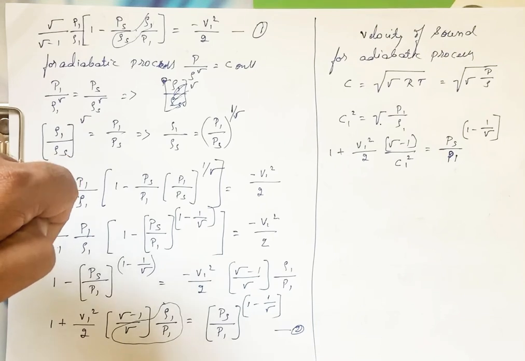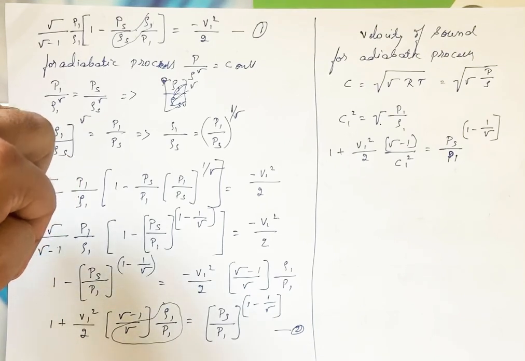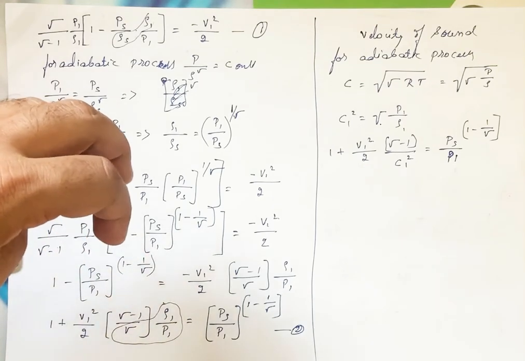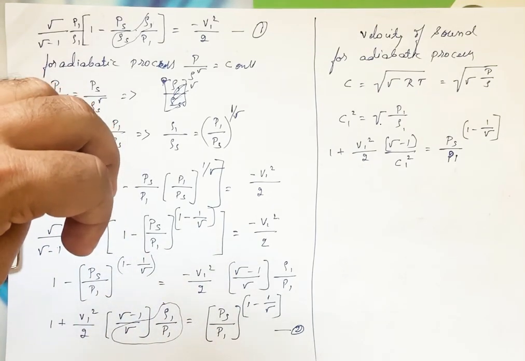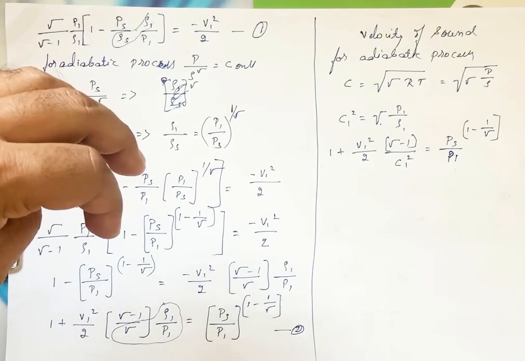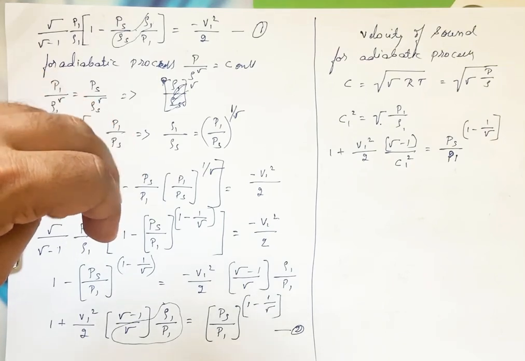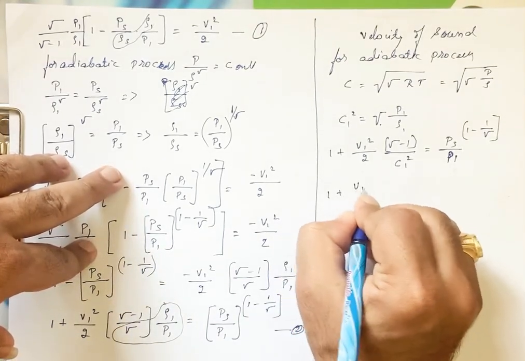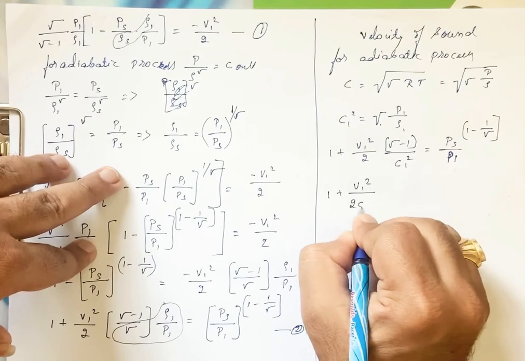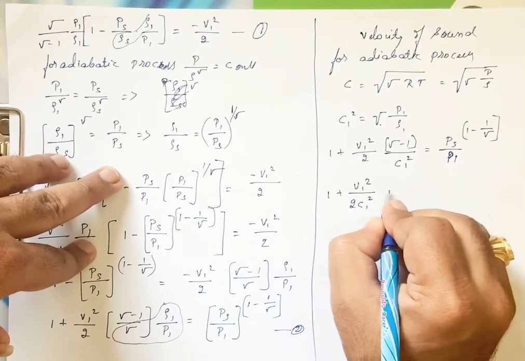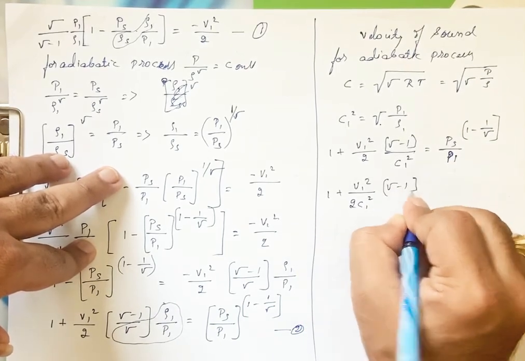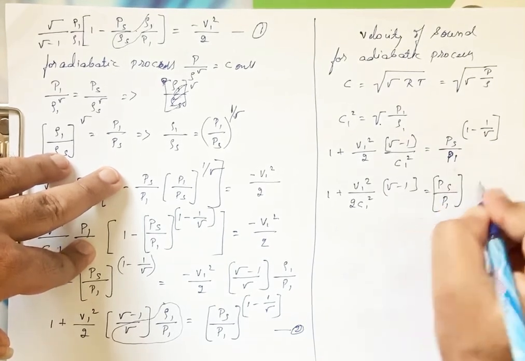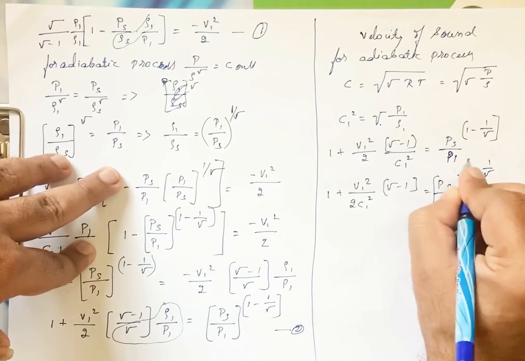After this, I'll write it in terms of Mach number. Or else I can write this as 1 plus V1 square by 2 C1 square into gamma minus 1 is equal to Ps divided by P1 raised to 1 minus 1 divided by gamma.